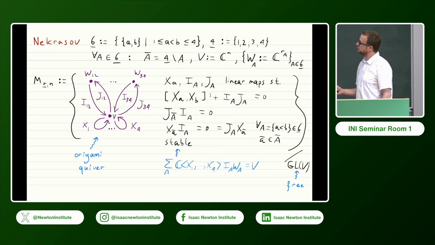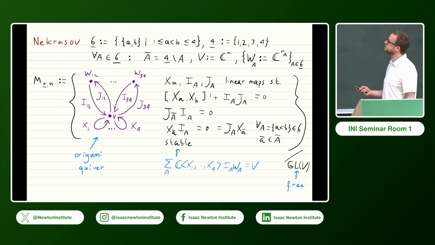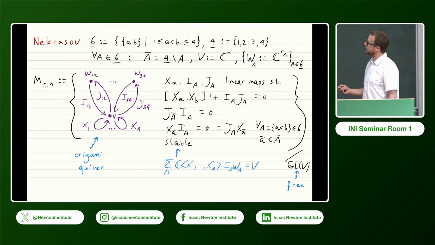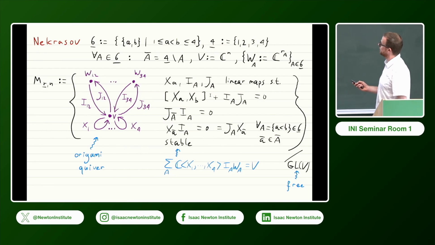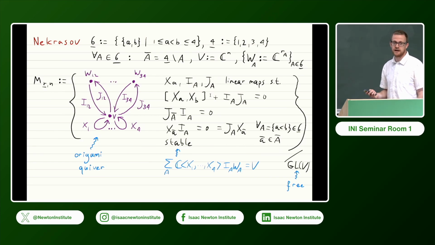There's some further notation. For any a in 6 bar, we denote by a upper bar the complement of a. And now we also fix some vector spaces. As before, V will be an n-dimensional complex vector space, but now we have a whole bunch of framing vector spaces. For each A in this set 6 bar, we have a vector space C to the R_A.